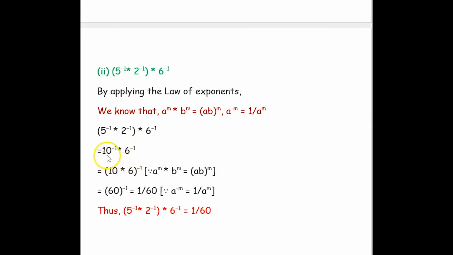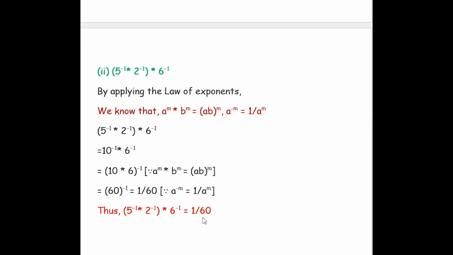So here also the same condition, base is different and powers are the same. So we can multiply the bases and write the power once. So 10 into 6 raised to the power negative 1. So 10 into 6 is 60 raised to the power negative 1. So we know that a raised to the power negative m equal to 1 divided by a raised to the power positive m. So 60 raised to the power negative 1 can be written as 1 divided by 60. So the answer is 1 divided by 60.